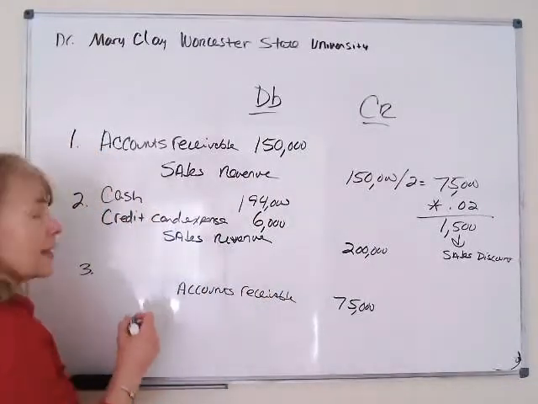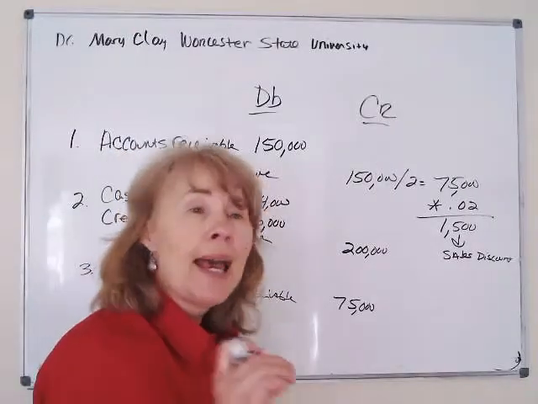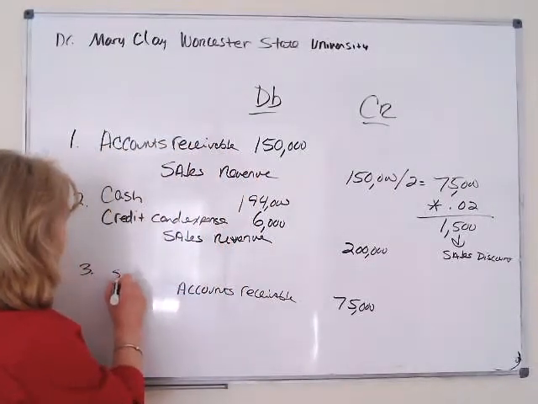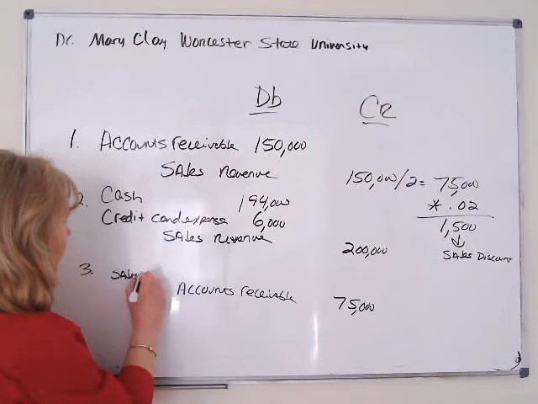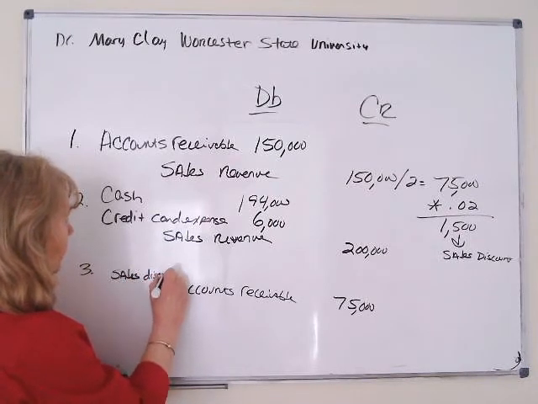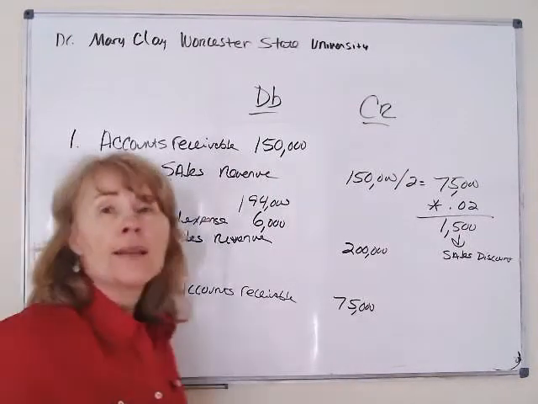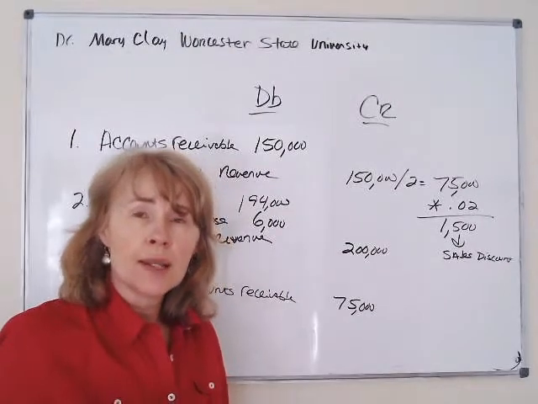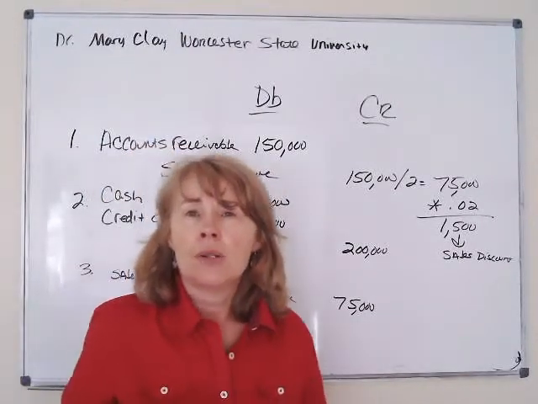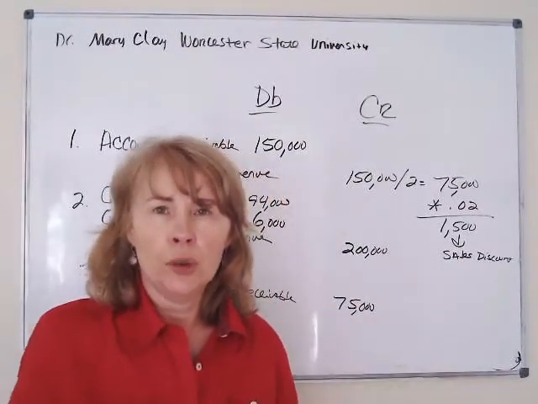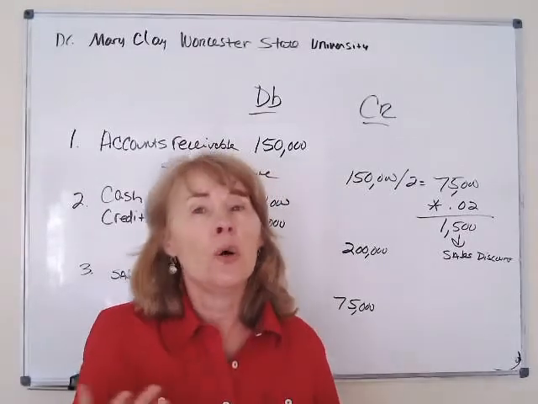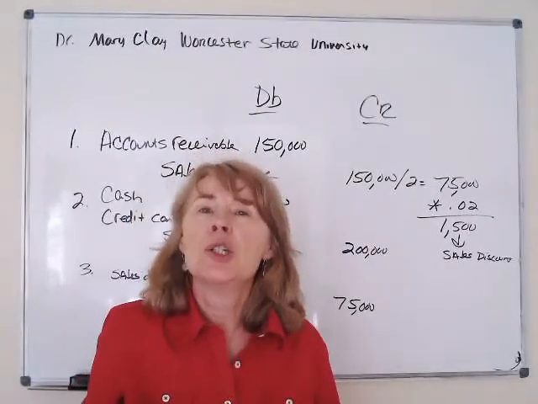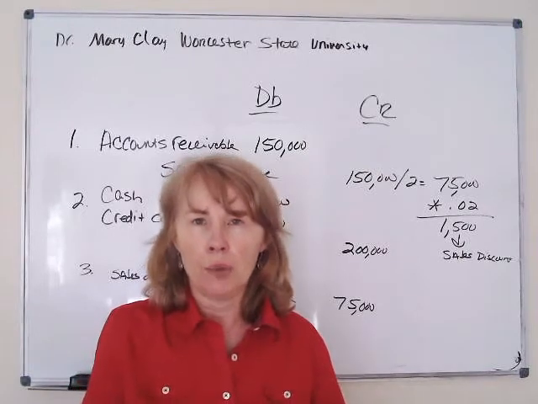Next, I'm going to debit this new account called sales discounts. Okay, write this in your notes. You want to make sure you understand. Sales discounts is a contra revenue account. Okay, you know at this point, any contra account is always the opposite of a regular account.